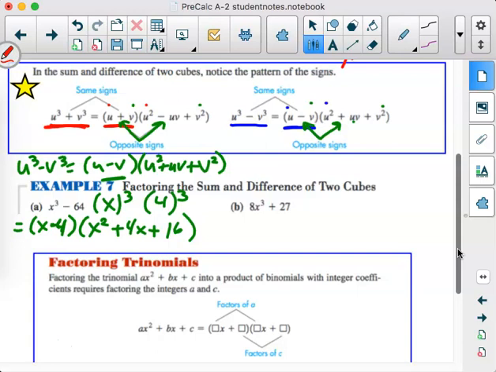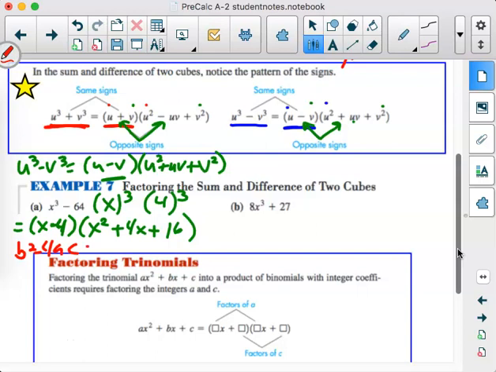However, that doesn't cover it because we need to know we're finished. So x squared plus 4x plus 16, I want to know whether or not that's going to be factorable or not. And one of the things that you can do before you spend a whole lot of time trying to factor something that's not factorable is use the discriminant, b squared minus 4ac. If the discriminant comes out to be a perfect square, well then you know that it is factorable and you need to keep going.